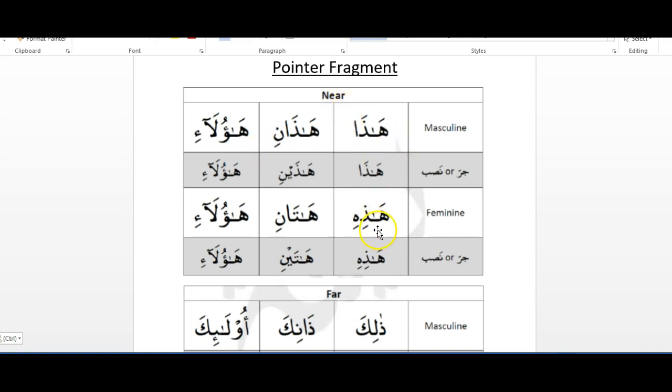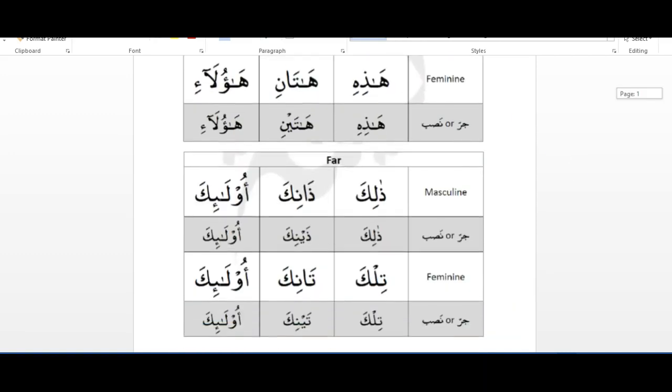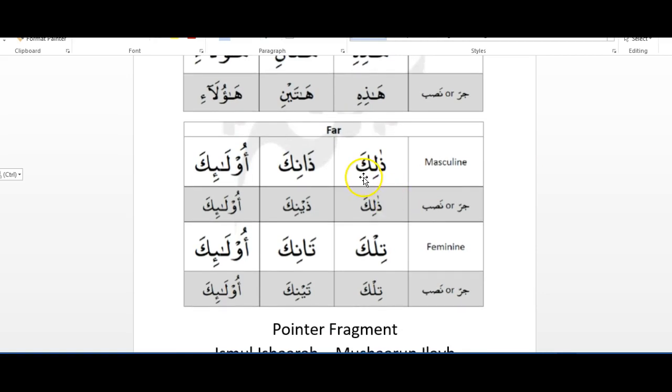Often what happens is that when you're trying to translate hada, which means this, sometimes you make the mistake of translating it as that, because they're both pointers. However, when it begins with the letter ha, remember that the translation will be something close, as opposed to something which is far. And those which are far, all of the pointers will end with a kaf, as you can see, dhalika, dhanika, ulaika, etc.